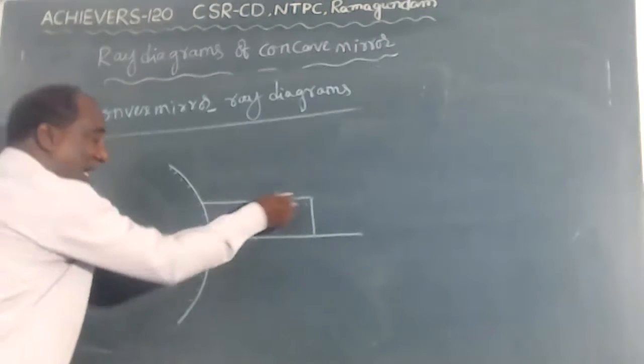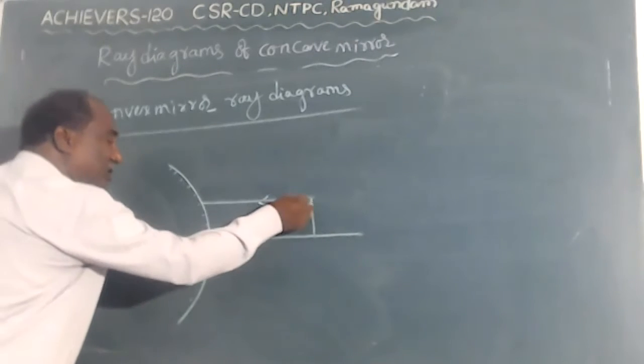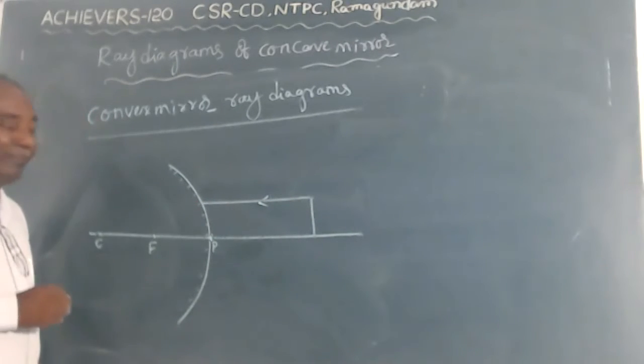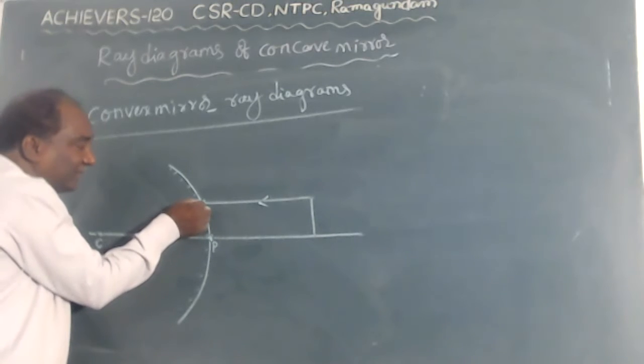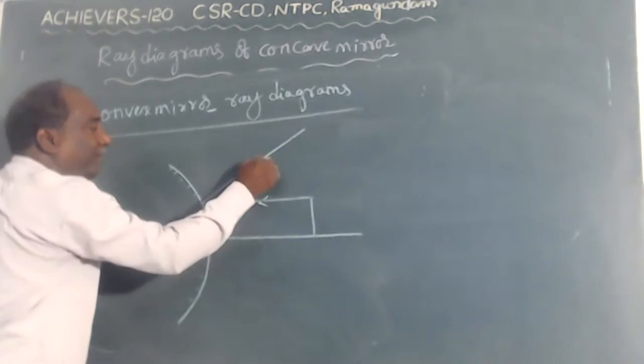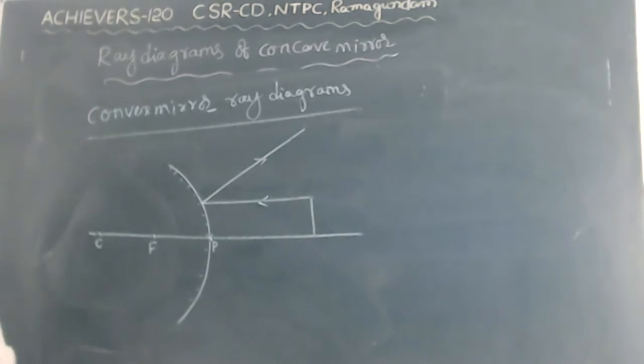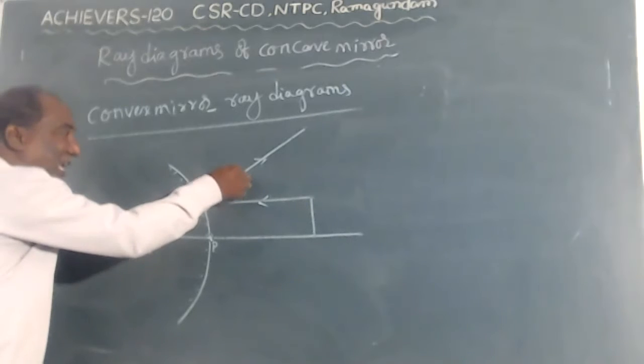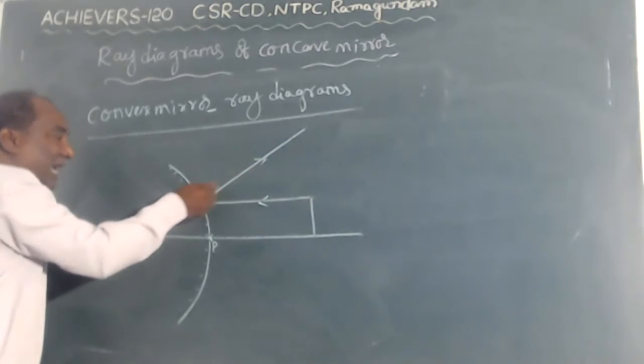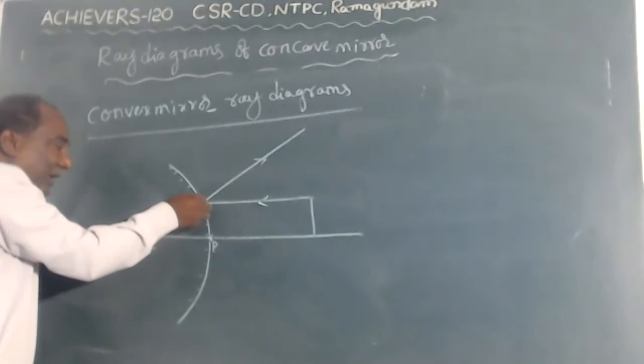And already we know that a convex mirror is a diverging mirror. When it strikes the convex surface, it gets diverged, children. And by seeing this ray diagram, the reflected rays appear as coming from the focus.